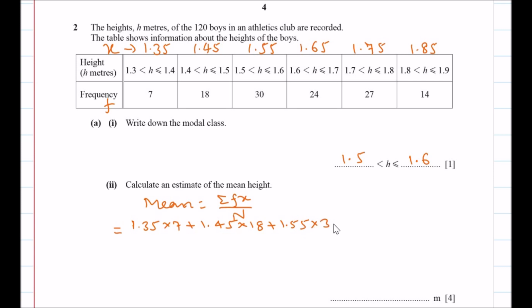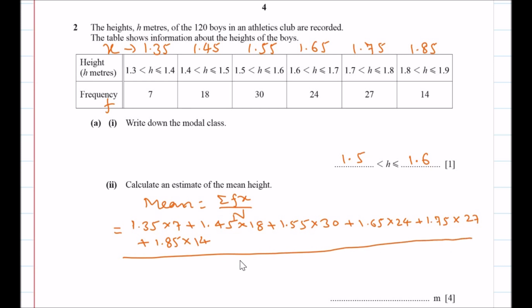1.55 into 30 plus 1.65 into 24 plus 1.75 into 27 plus 1.85 into 14, and this total divided by 120, because the total of the frequency is 120.